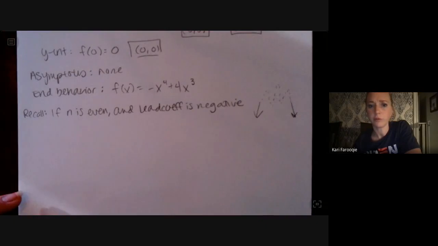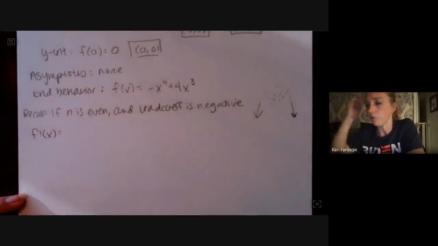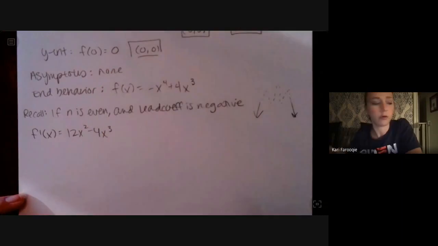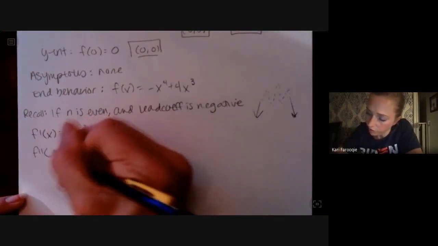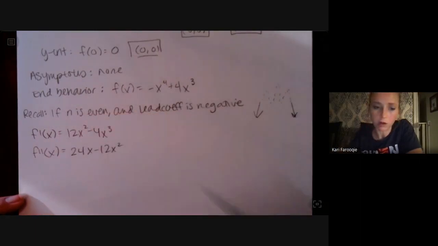All we have to do is take the derivatives now. Gosh, I keep thinking there's something else to do here. F prime of x is going to be 12x squared minus 4x cubed. F double prime of x is going to be 24x minus 12x squared.